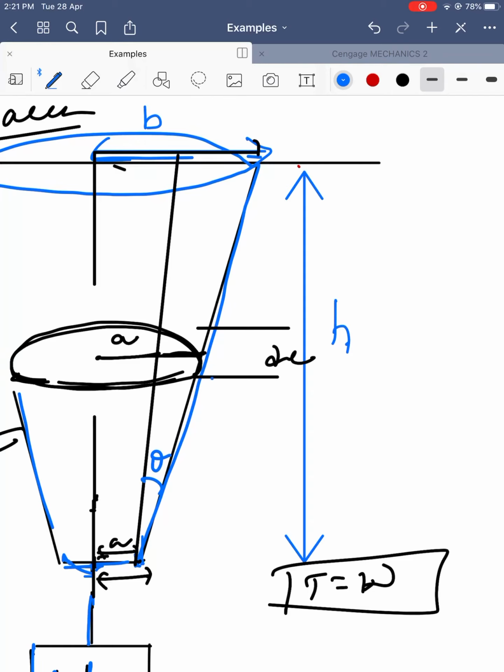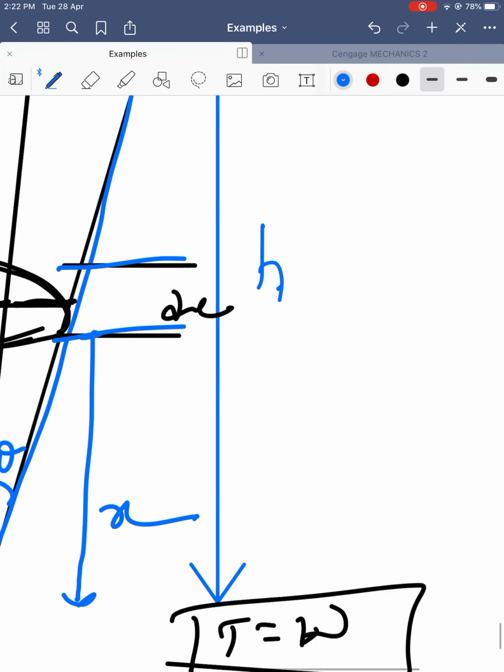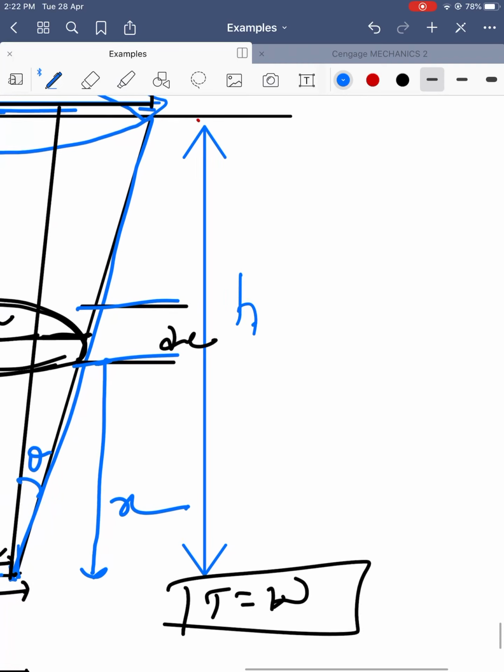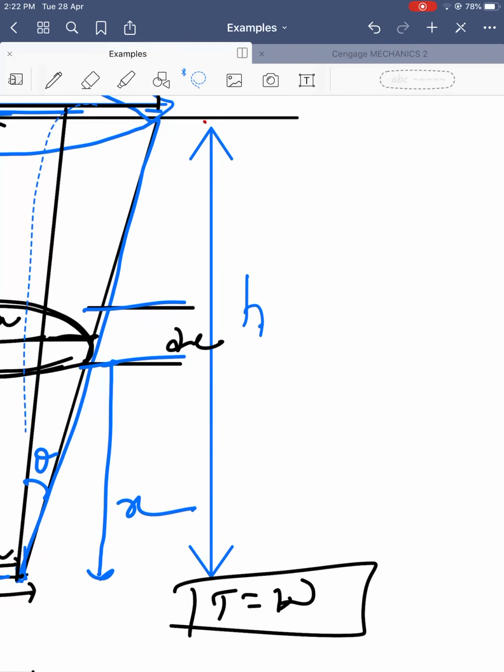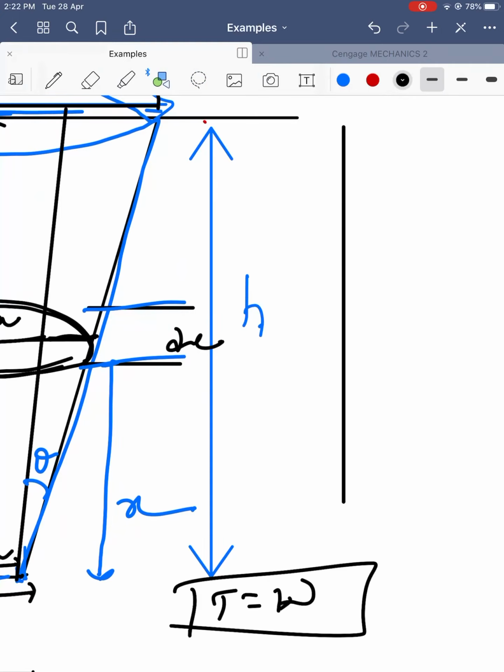I should consider first x distance. At a distance x, a small length dx. I am drawing only this section. See clearly. Vertically downwards, the other space is given, and it is coming downwards.